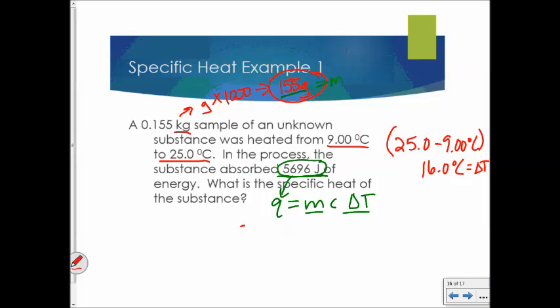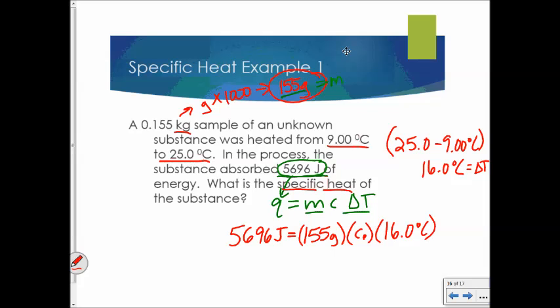So you would plug and chug that way. You put the 5,696 joules here. You have your mass, which is 155 grams. We have our ΔT, but we're missing specific heat, so this is our variable. ΔT happens to be 16 degrees Celsius. How do you get Cp by itself if you were doing just an algebra problem?